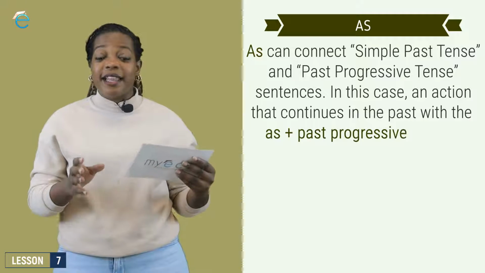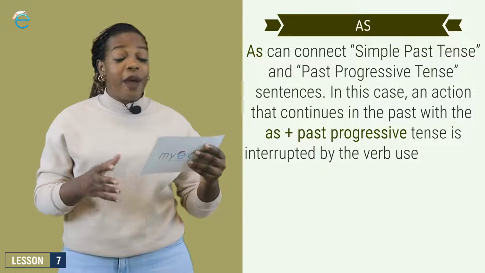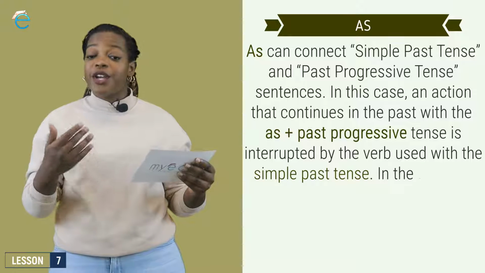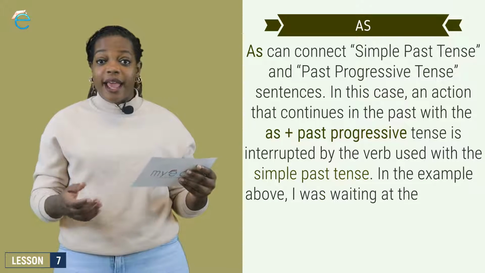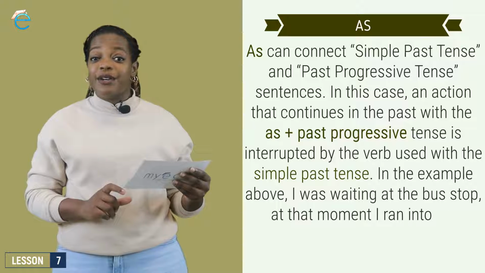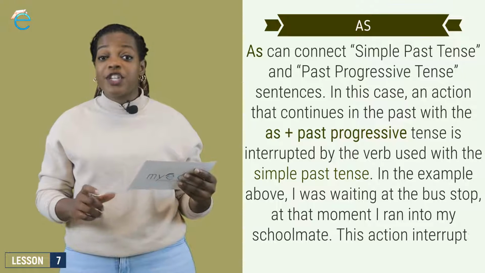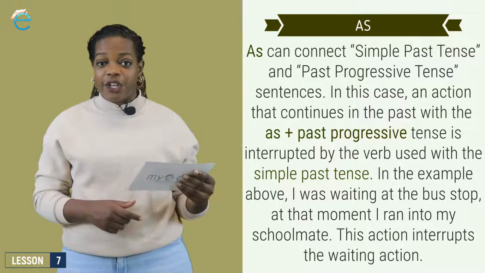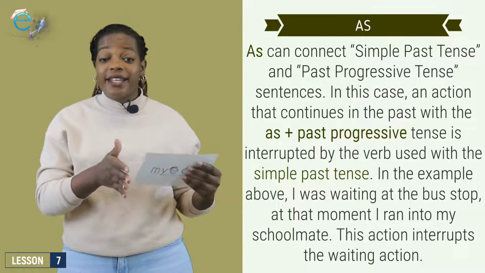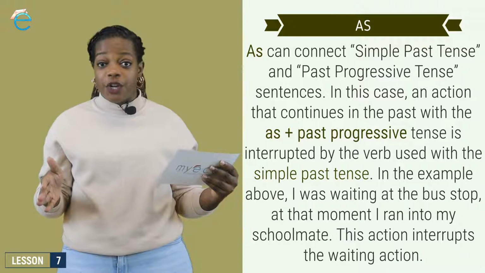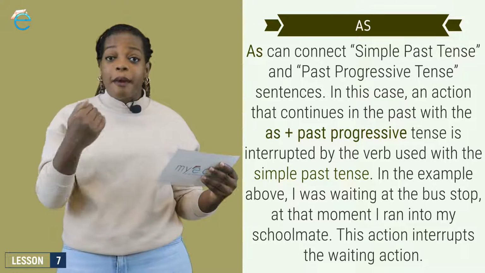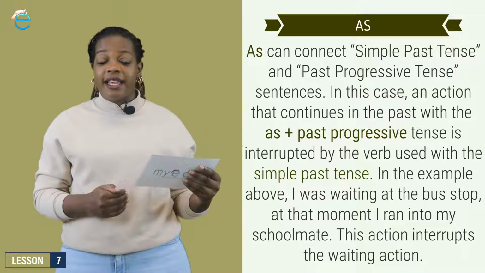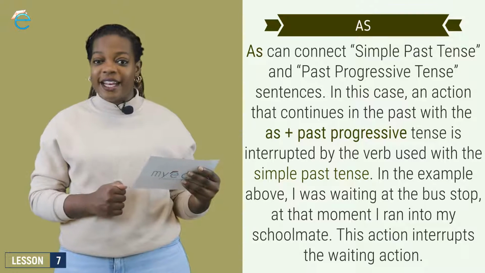In this case, the part that is connected to as is our continued action, and the other part is our simple structure, which is interrupting this action. The waiting for the bus was continued, and met my best friend is the action that interrupts this.